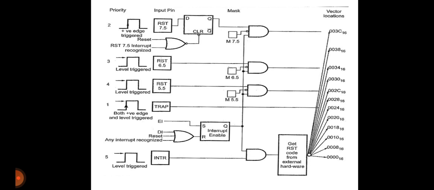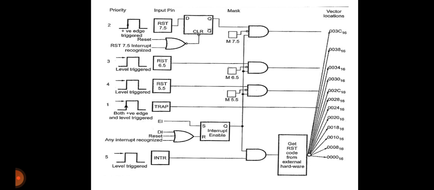Of these interrupts, the 8085 interrupts except TRAP are maskable. When a logic signal is applied to a maskable interrupt input, the 8085 is interrupted only if that particular input is enabled. These interrupts can be enabled or disabled under program control.